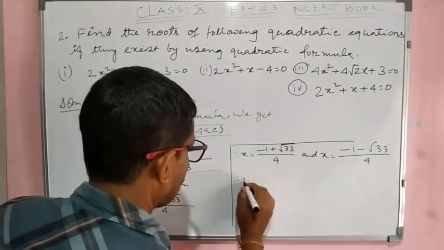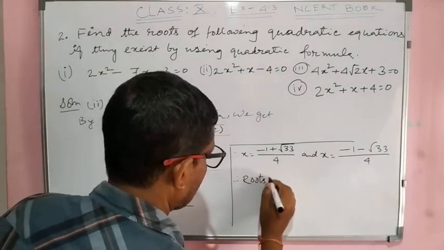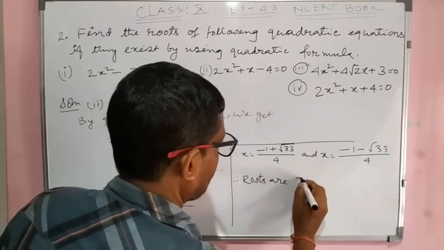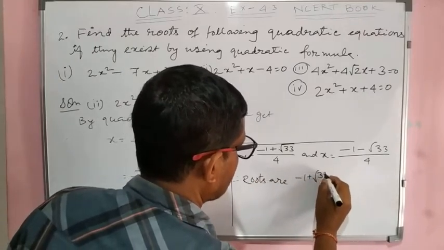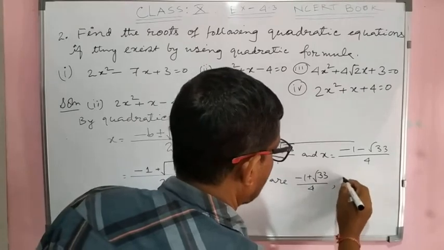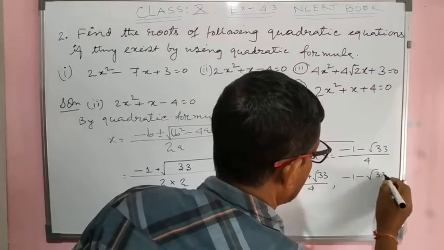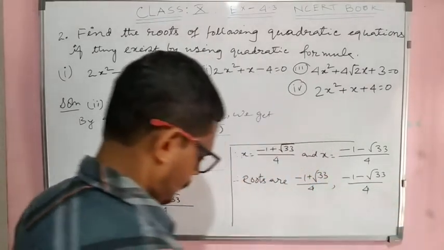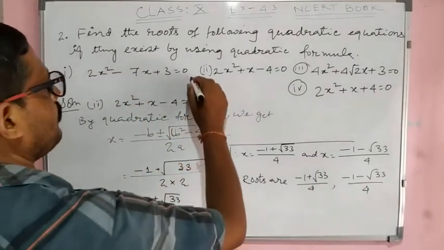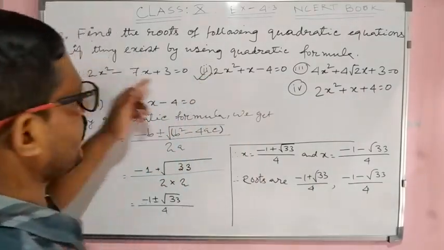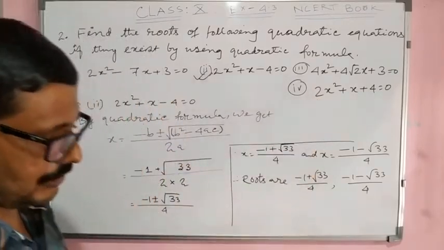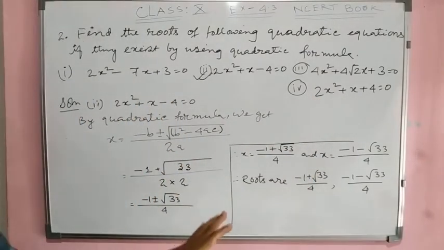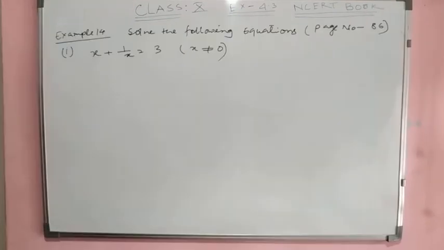Therefore the roots are minus 1 plus root 33 by 4 and minus 1 minus root 33 by 4. So I have shown you question number 2, and these 3 questions you will try yourself. It's very easy, you can do it at home.